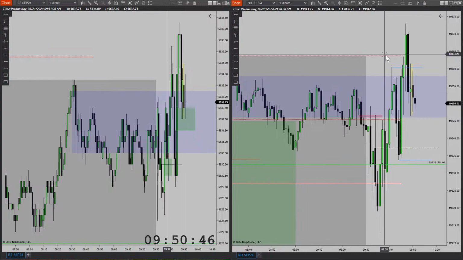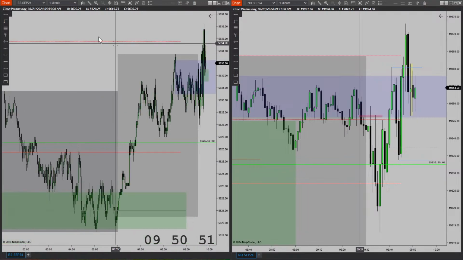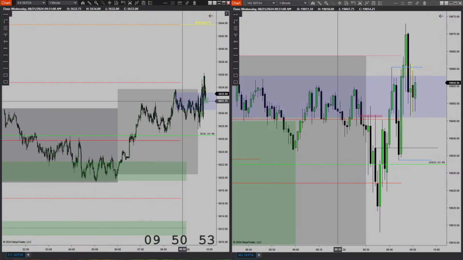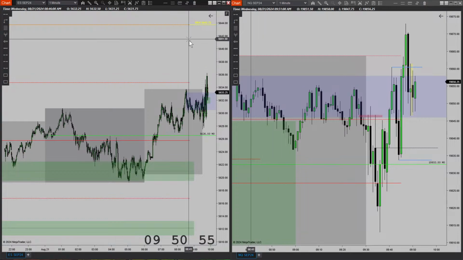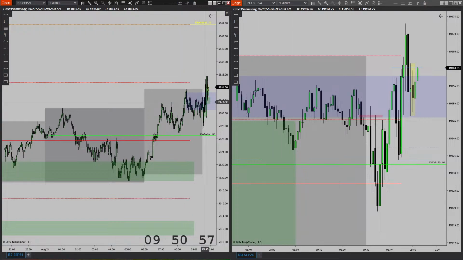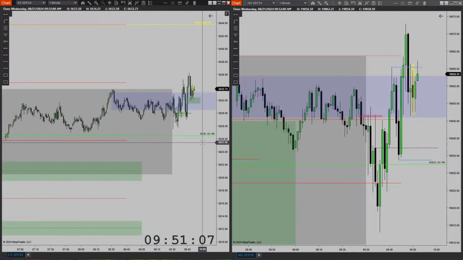I don't like that we already swept this high, but I believe in the market maker buy model, so that's why I'm looking for the highs. If we would have had the sweep here, then the down move should have been displacement, but it's not.